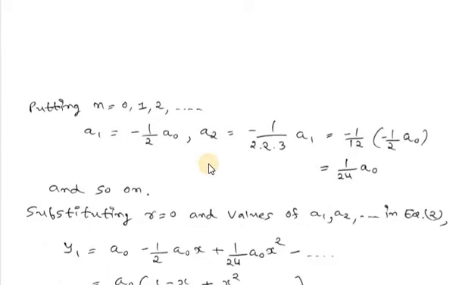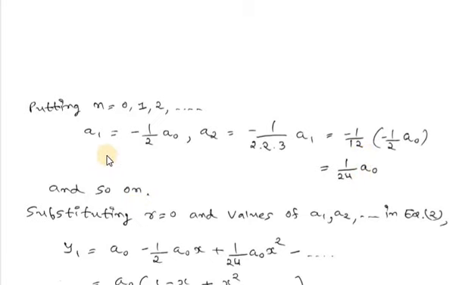Now minus 1 over 2 times 2 is 4, 4 times 3 is 12, and replacing a1 by minus 1 by 2 a0, minus minus is plus, 1 into a0 divided by 12 times 2 is 24.